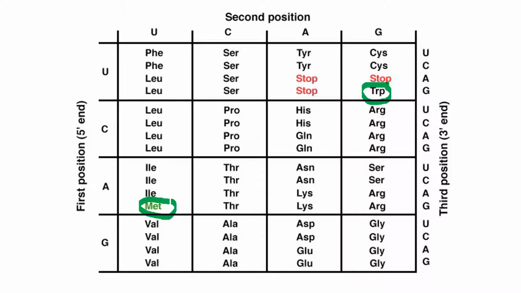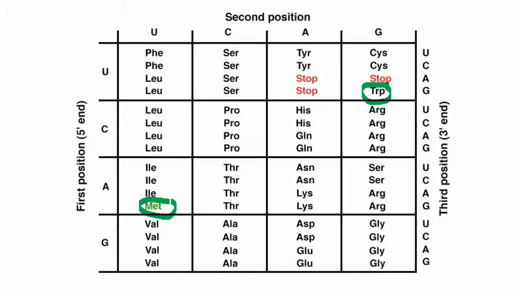Note as well that similar amino acids are clustered together, polar and nonpolar. So in this box we have nonpolar, nonpolar, nonpolar, nonpolar, I'm sorry, I should have said nonpolar. These are polar amino acids, so they tend to be clustered together.